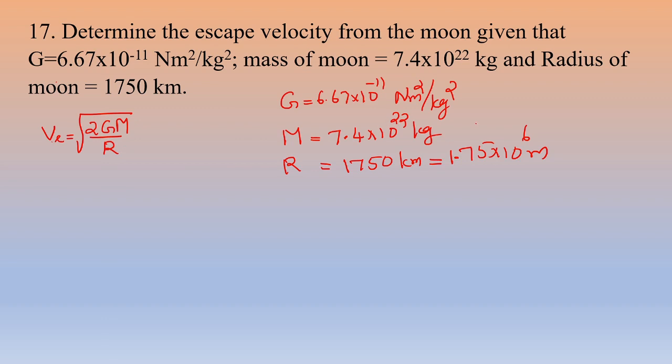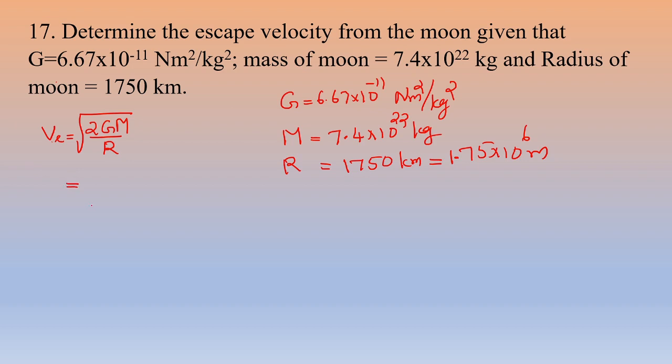Capital G is equal to 6.67 into 10 raised to -11 Newton meter square per kilogram square. Capital M, that is 7.4 into 10 raised to 22 kilogram. Radius of the moon, that is equal to 1750 kilometer, that we have to express in meter, that is equal to 1.75 into 10 raised to 6 meter.